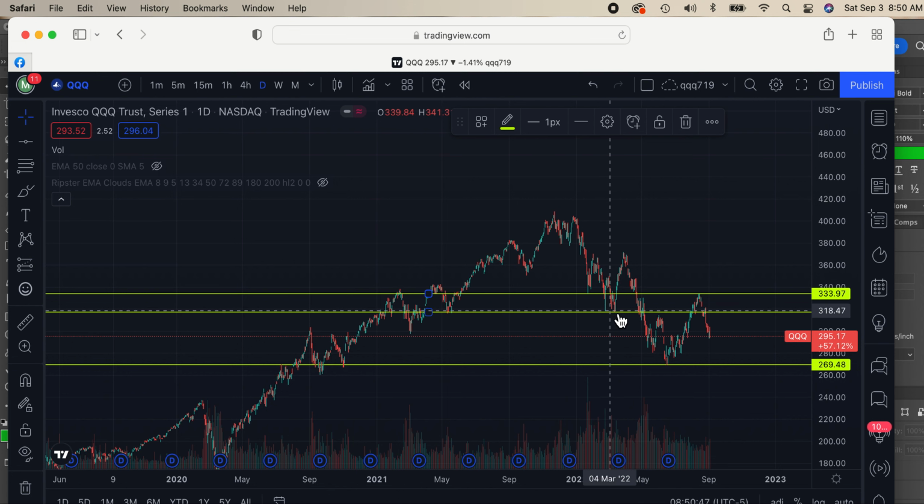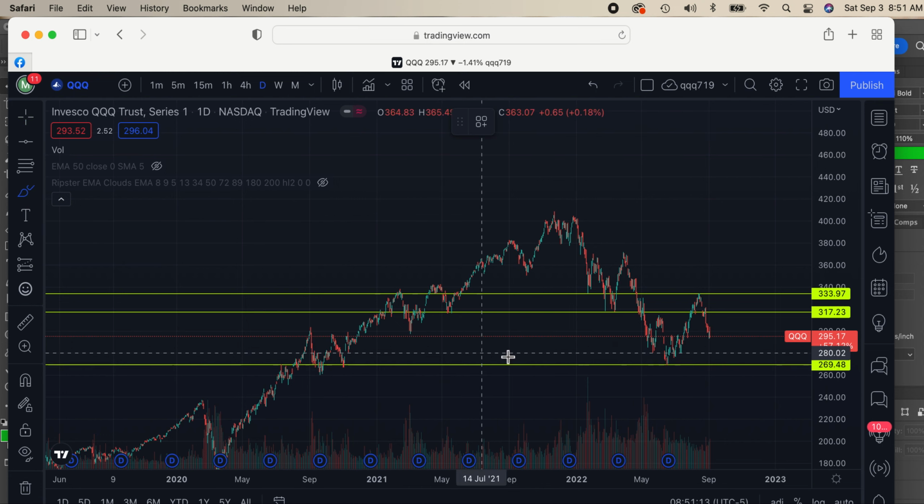So like right here, over here on the left, you'll see we bounce there, so we're probably going to bounce there also. Same thing with down here, we bounced twice here, so we're likely going to bounce again when we get to that area. Now, don't get too carried away, this is not how I chart, I'm just telling you how normal people chart.